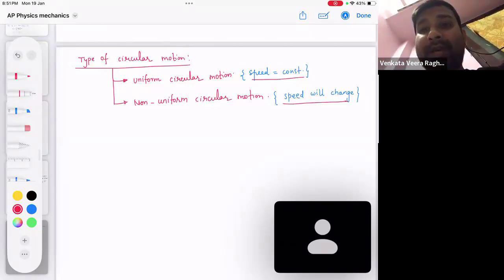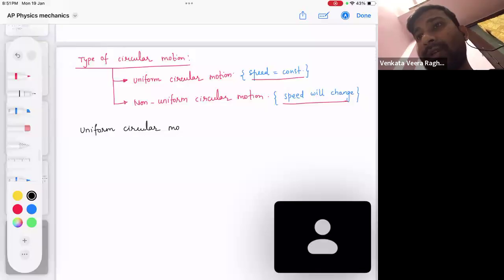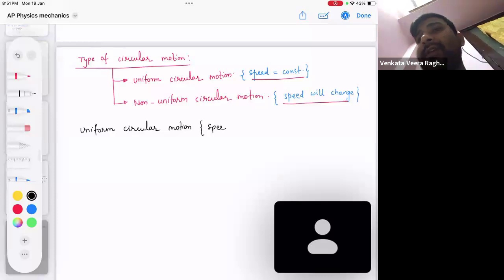Okay. So now let's try to understand in detail what is the uniform circular motion. So in uniform circular motion, what did we learn? We learned that the speed is constant.